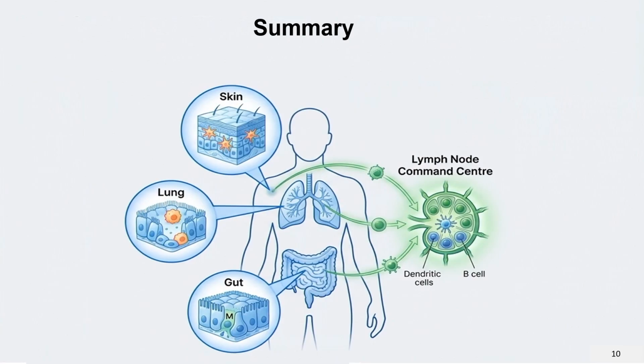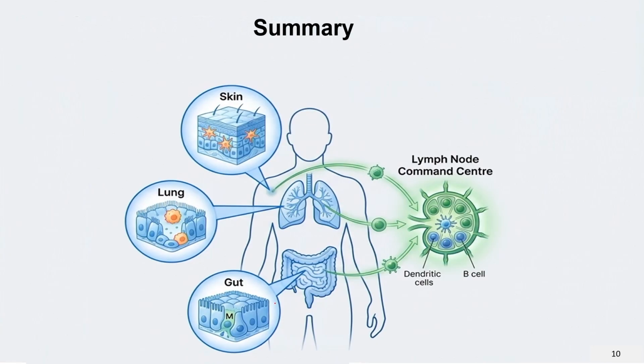And finally, to summarize, we have skin, lung, and gut. We also have multiple other organs, but we summarized here in a critical way that these 3 are the actual sites where most things come in. Skin is the site where things are coming. Lungs are a site because we inhale a lot of things every day, most of the time.